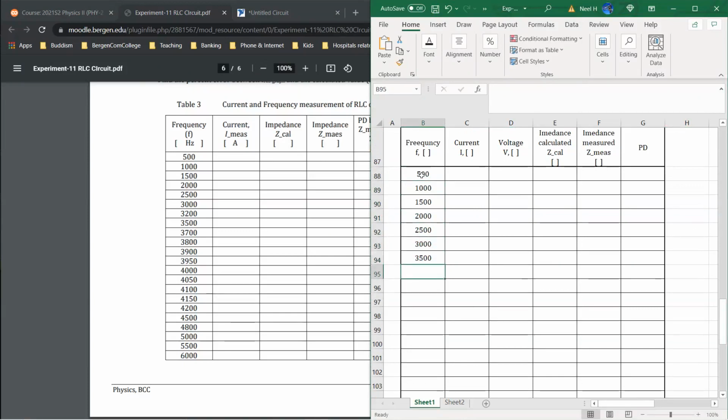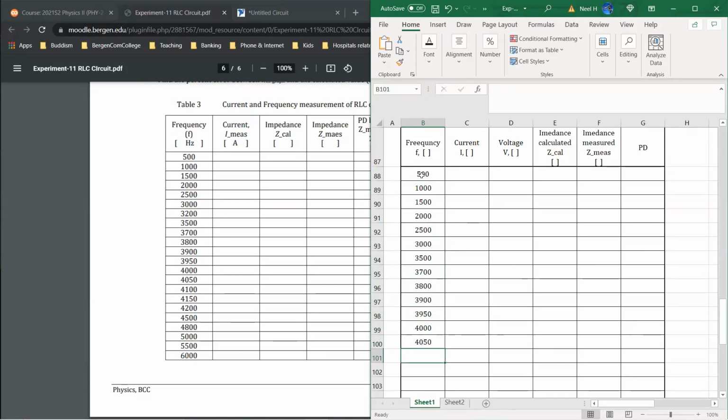After about 3500, we can go a little bit smaller values: 37, 38, 39, 3950. These numbers we might need to change slightly. We'll first follow these numbers and then see whether we can see that nice curvature on the top. If not, we may need more data there, okay?